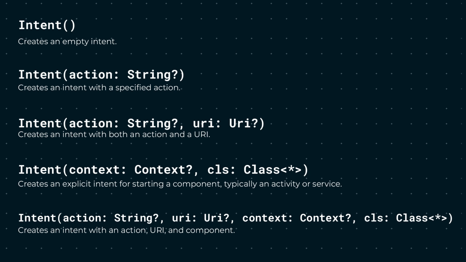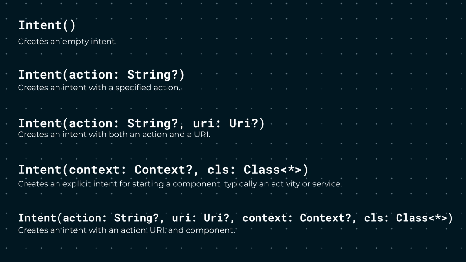So if you don't use any argument for the Intent invocation, it just creates an empty intent. If you pass in a string for the action parameter, you get an intent with a specified action. We don't know what action is at this point. You can also create an intent with an action and a URI. And then you can create an intent by passing context and a reference to a class.